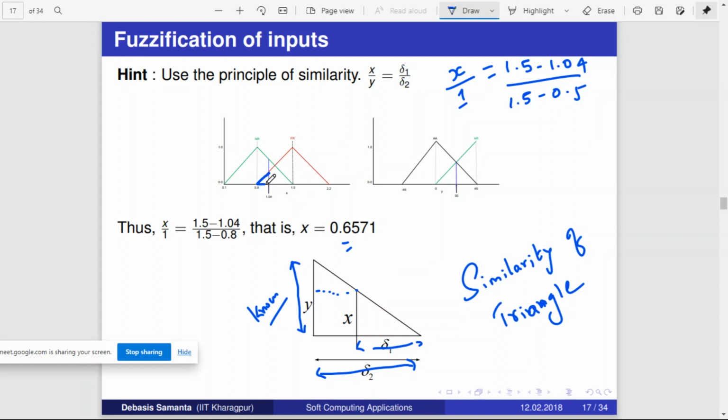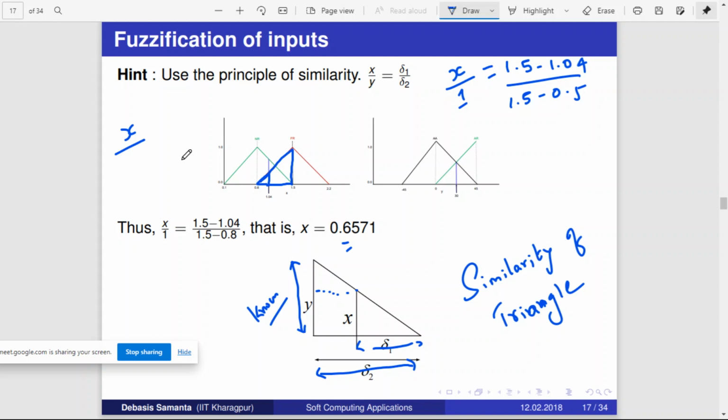Now this is x. This is x, this is y. Again, what is x? x only. What is y? What is its height? This height is 1. So x by 1 is equal to delta 1. What is delta 1? This is delta 1.